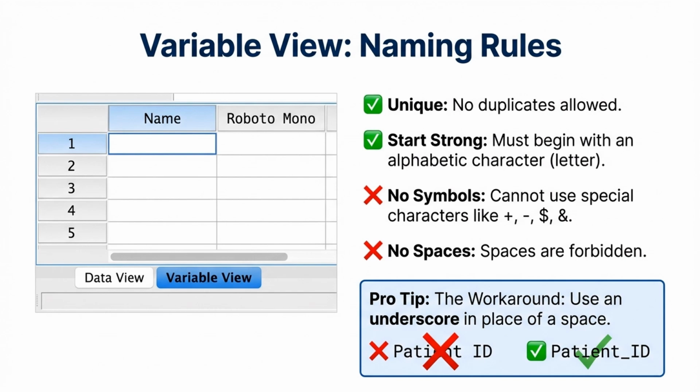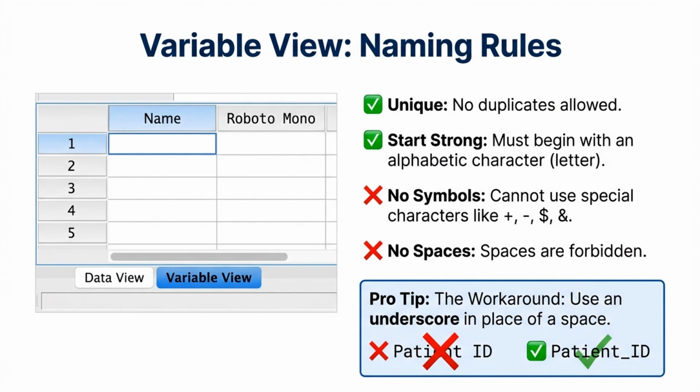Variable view, naming rules. The first rule is unique, no duplication is allowed. Start strong, must begin with an alphabetic character, a letter. No symbols allowed, like plus, minus sign, asterisk, and no spaces are allowed, forbidden.